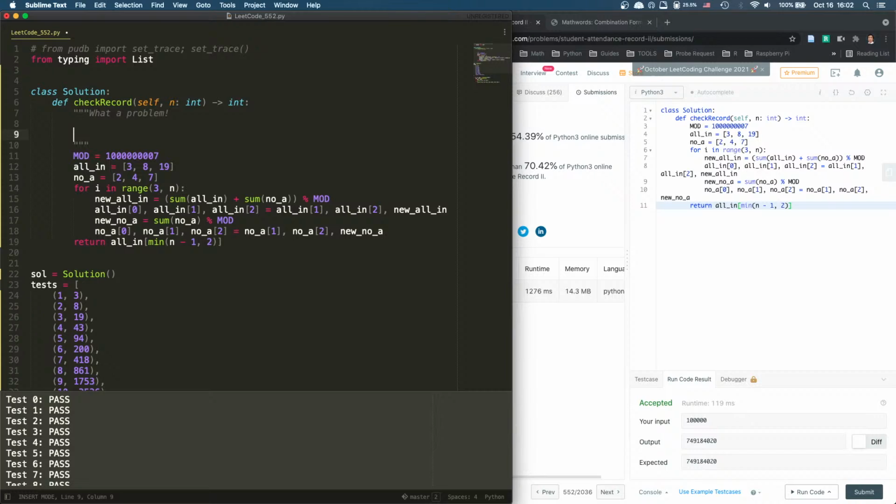Here's the thing we need to focus on. For each n, we focus on two scenarios.